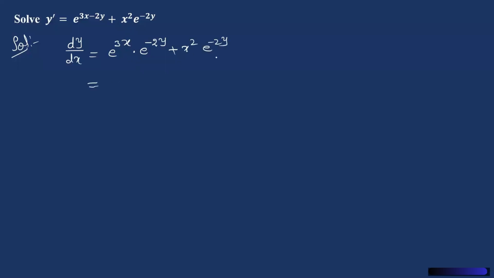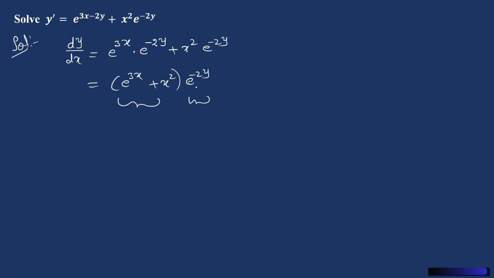Now, if you look at these terms on the right hand side carefully, we can take e power minus 2y common from both the terms. So we'll get e power 3x plus x square, into e to the power of minus 2y. Now, when you observe these two functions together, one is a function of x and the other is a function of y, and they are in product.